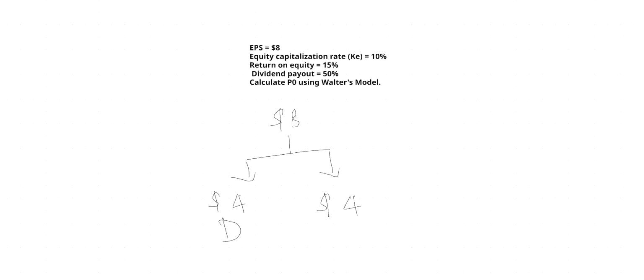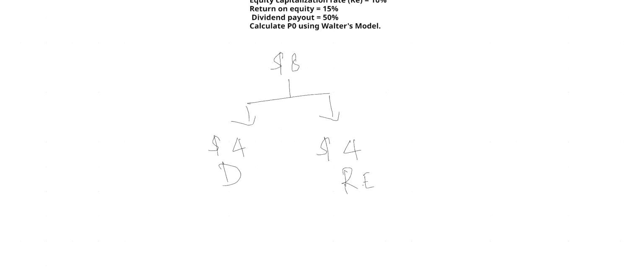So this $4 is the retained earnings and this $4 is paid out as dividend, right? Understand one thing clearly. This $4 is paid out to the shareholders. So it is the shareholders' money. This $4 is also the shareholders' money, which is in the hands of the company. Right? Though this $4 is in the hands of the company, this is the shareholders' money.